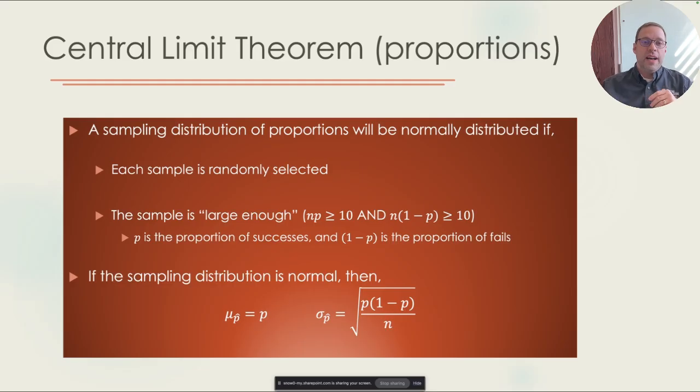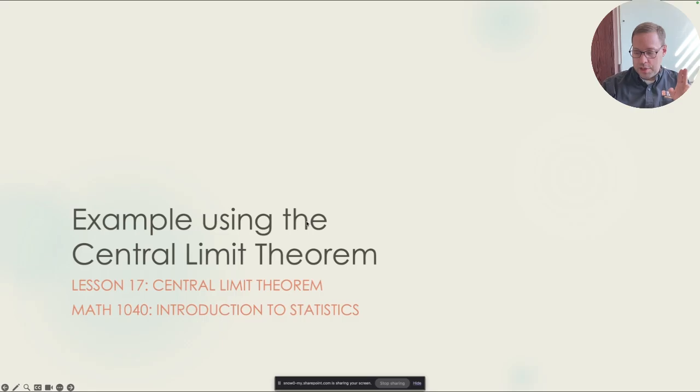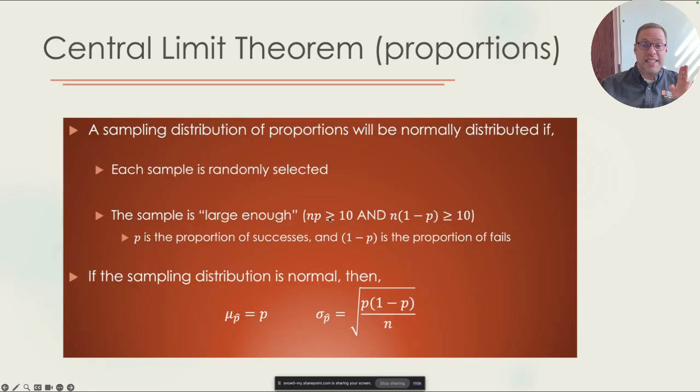First of all, a sampling distribution of proportions will be normally distributed if each sample is random, same story, and a sample is large enough if n times p, this would be the number of successes, is at least 10, and n times 1 minus p, this would be the number of fails, is also at least 10.